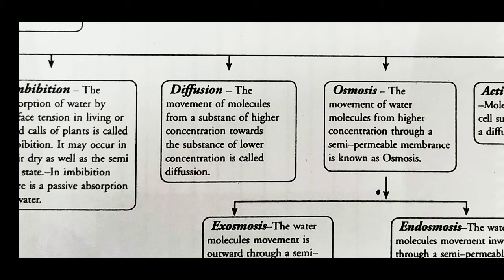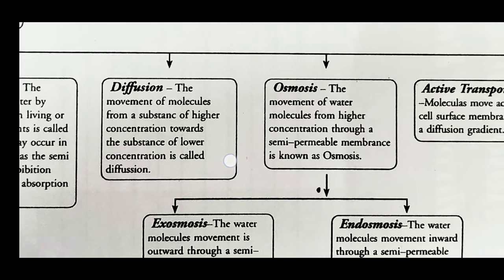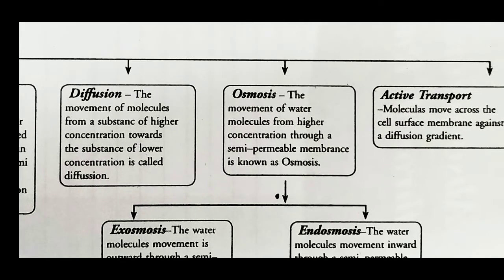So it is the movement of molecules from a substance of higher concentration towards lower concentration, and it is called diffusion. Whereas osmosis is the movement of water. In diffusion it is just the movement of molecules, but in osmosis it is only the movement of water molecules from higher concentration through a semi-permeable membrane, and is known as osmosis.